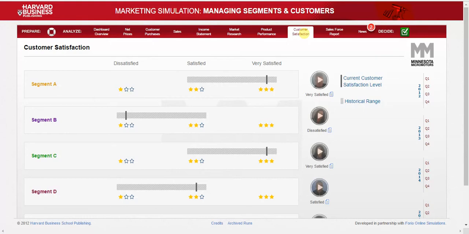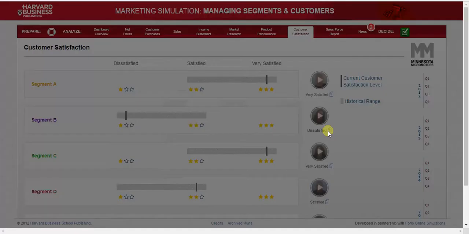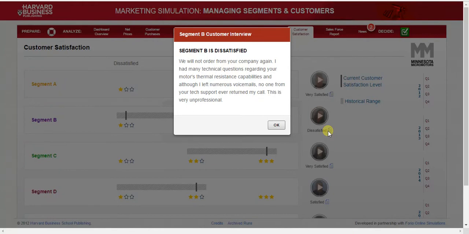As you can see here, segment A is very satisfied. I can read why by clicking on the notepad below the picture. Here you see segment A was very satisfied with our knowledge of the market and our advice regarding trends in medical devices. Move down to segment B, and you can see she is dissatisfied because she had questions regarding thermal resistant features when we didn't get back to her.